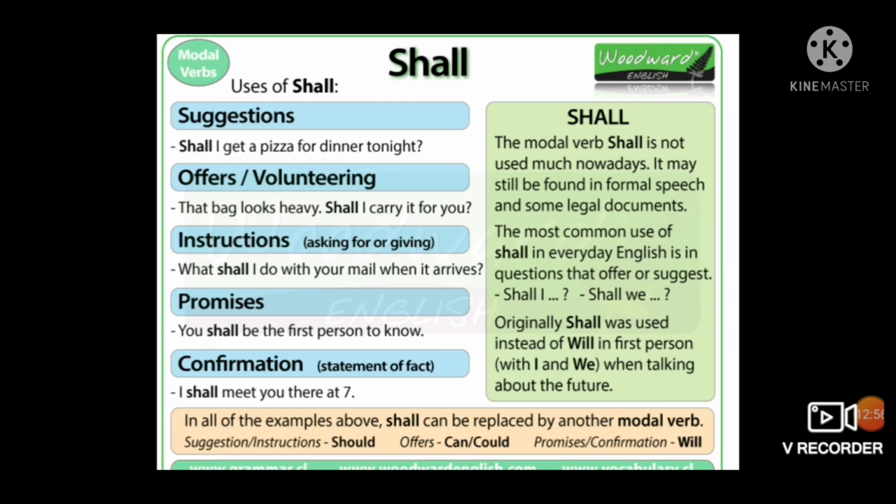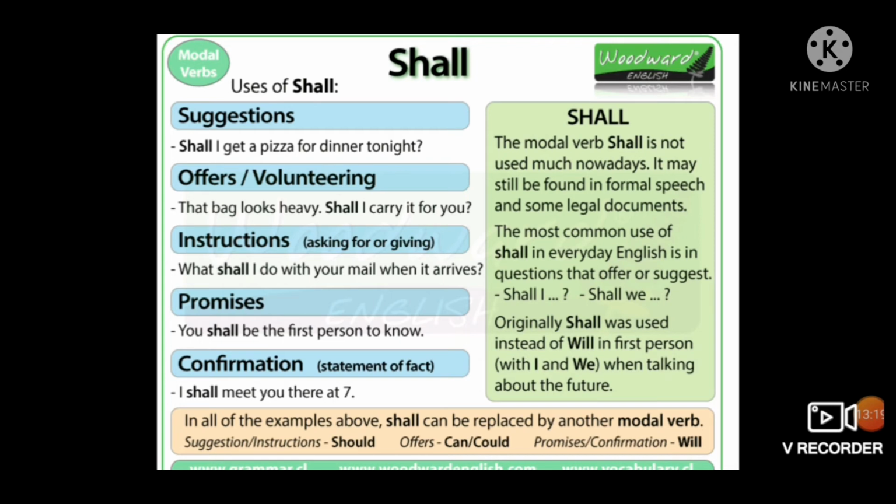We can use shall I or shall we. Originally, shall was used instead of will in the first person, with I and we, when talking about the future. So we use shall only for the first person, I and we.